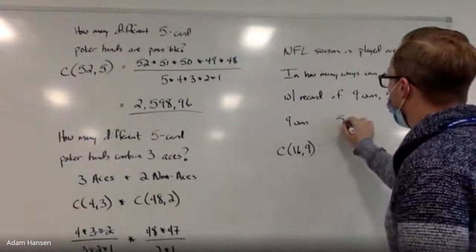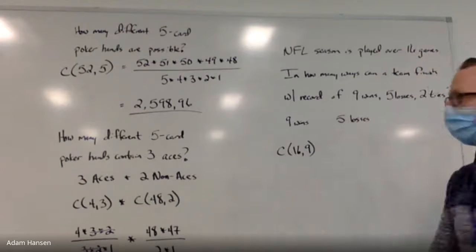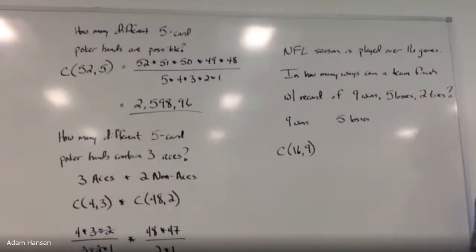Let's do the 5 losses. How many games are there left to choose from? Why 7? I already took away the 9 wins, right? So aren't there only 7 games left to decide the outcome of?